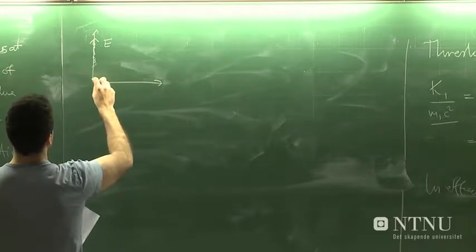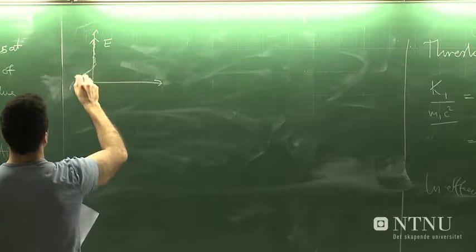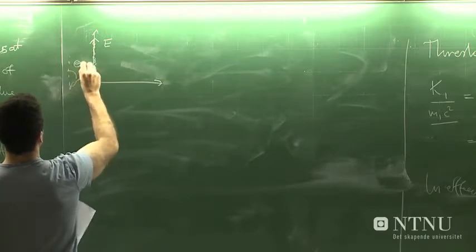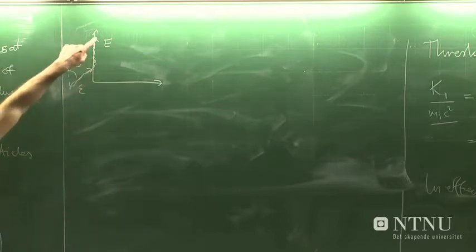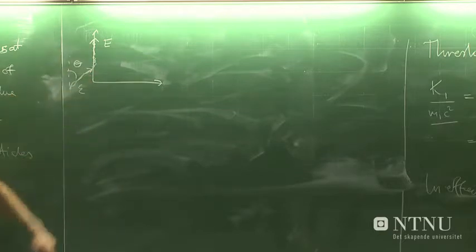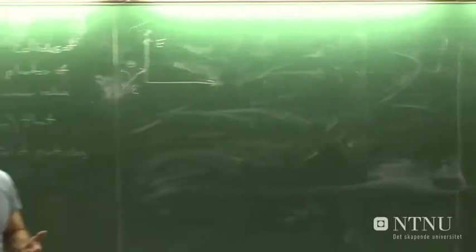Say you have one photon going here, another photon coming in here, hitting it at an angle theta. So what is the minimum value of epsilon that enables us to produce a pair of particles with mass m?